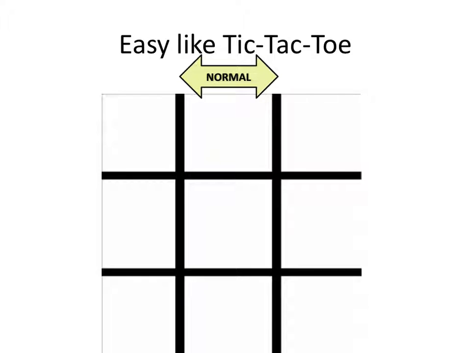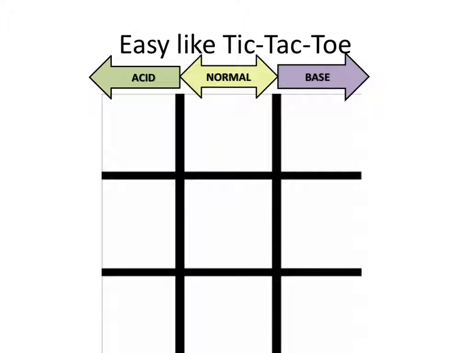So this middle column of boxes will be our normal range. Acid's over on this side and base over on that side.